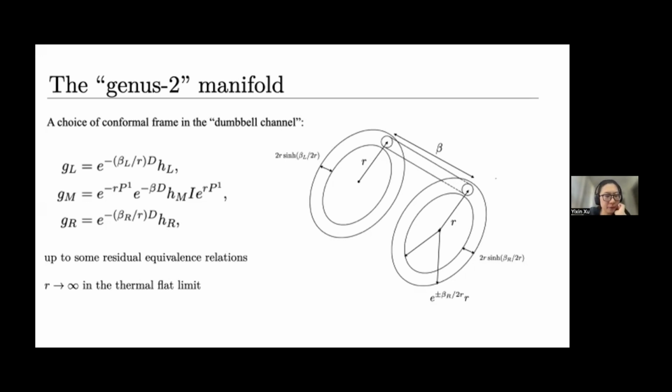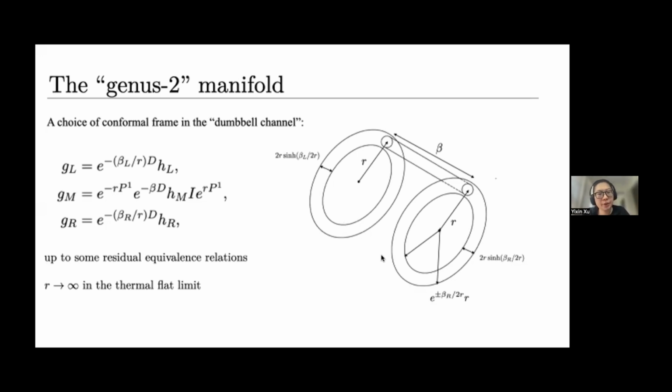So at this point, you might wonder why I should choose such a strange geometry. To jump ahead a little bit, later when we take the thermal flat limit, what we will do is basically set R to infinity. From this picture, you can already see that in the R goes to infinity limit, the radii of the two tori will blow up.